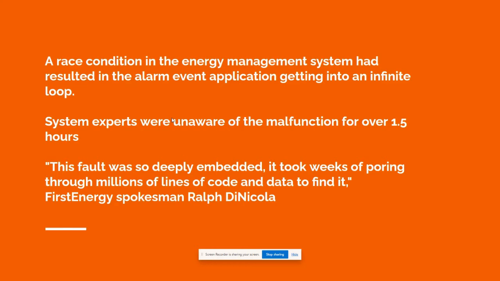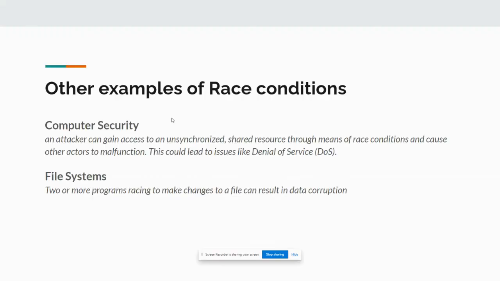which is First Energy. There are also other examples of race conditions, such as in computer security, where an attacker can gain access to an unsynchronized shared resource through race conditions and cause other actors or systems to malfunction. This could lead to issues like denial of service attacks.